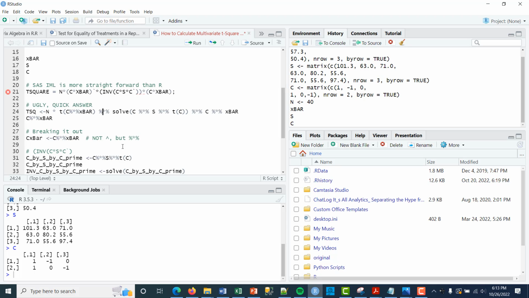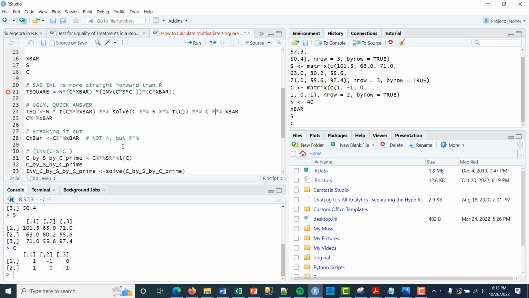And then we do the same over here. But since we're taking the inverse, we use the R function solve. And then we have C, solve for C times S times C prime, or the transpose of C in R. It's the same thing. And then times C times X bar.